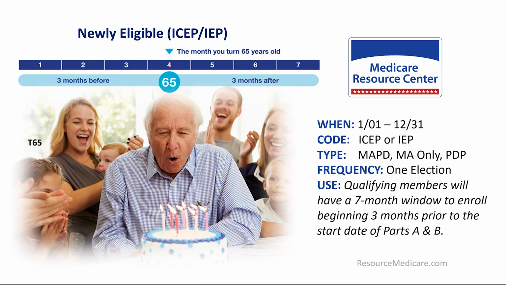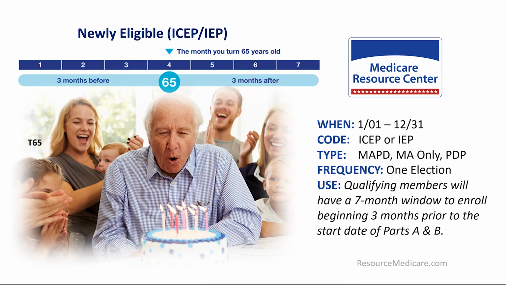All right. Now, we already talked about the initial enrollment period for Medicare. Once somebody gets their Medicare A and B, then they're eligible to enroll in a private plan. And their initial enrollment period, sometimes it's an ICEP, it just depends on the situation. We typically use IEP in almost every situation, but we'll show you which ones you'll use ICEP, but it means the same thing.